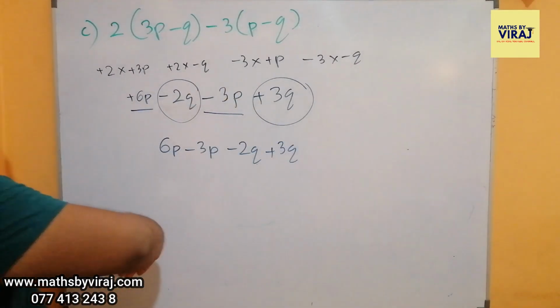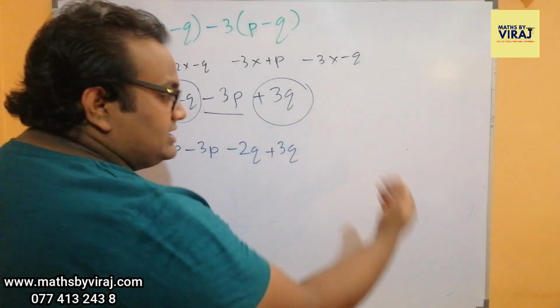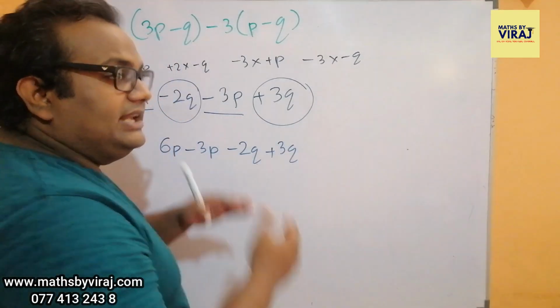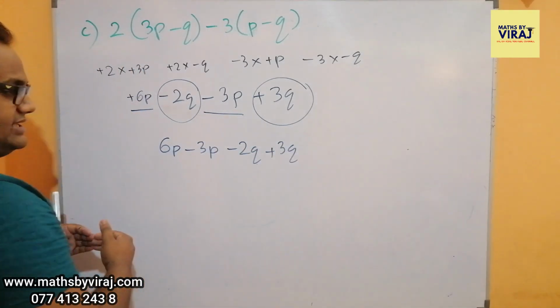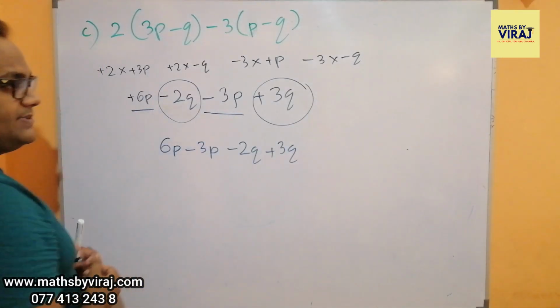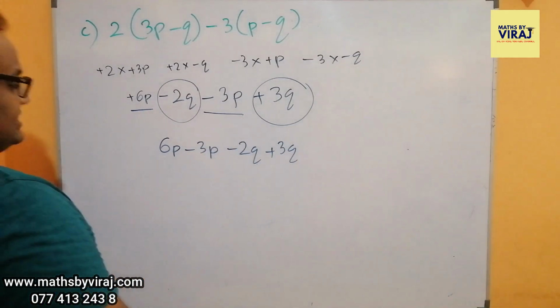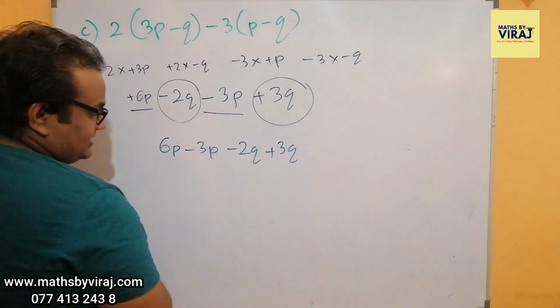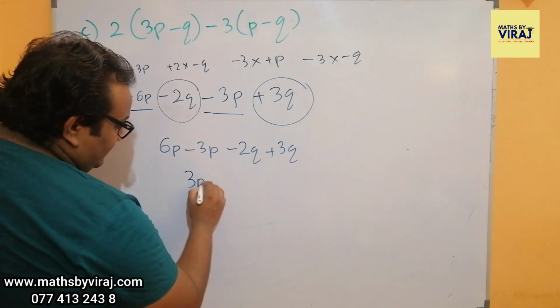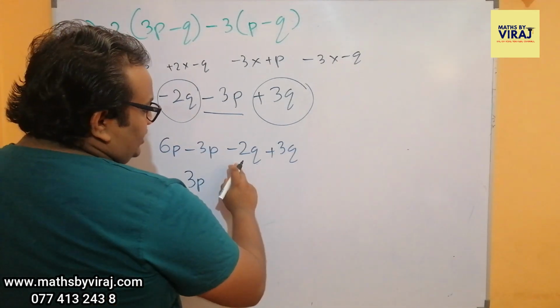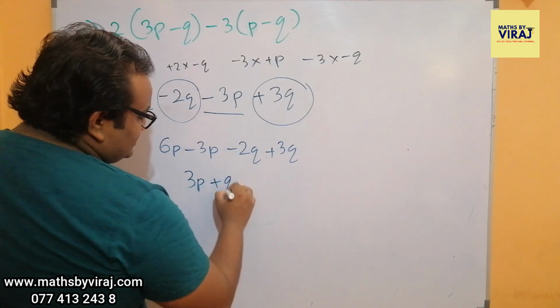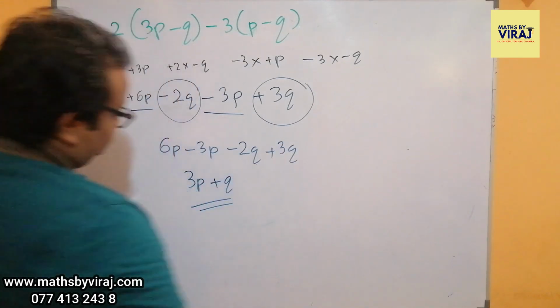Only if the expressions move from one side to the other side of the equal sign will there be a change in sign, but inside the expression, if you change the positions, there won't be any change of signs. 6p minus 3p, the answer is 3p, minus 2q plus 3q, the answer is q.